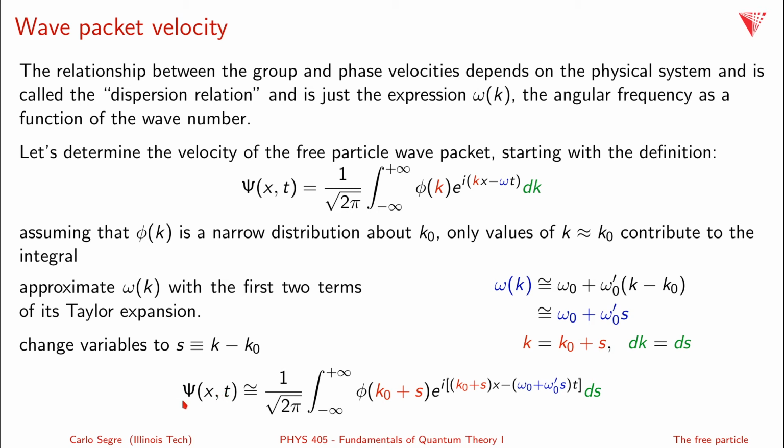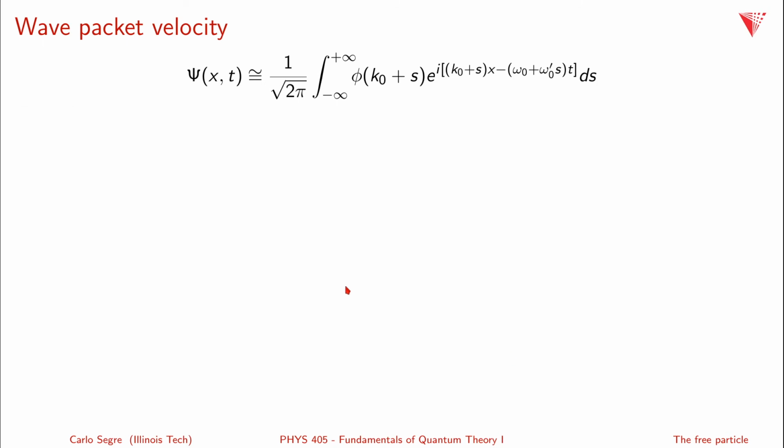So psi of x and t is equal to 1 over the square root of 2 pi, integral from minus infinity to infinity of phi of k sub 0 plus s, that's because we made this substitution, e to the i (k sub 0 plus s) times x, minus (omega 0 plus omega prime sub 0 times s) times t, integrated over ds. So this is the integral that we want to do.